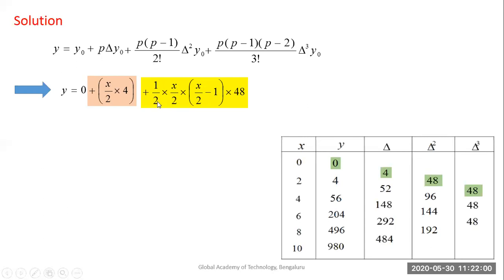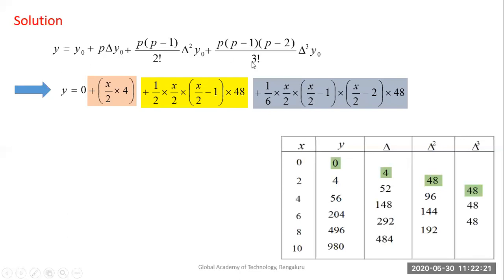Then 1 by 2 factorial is 1 by 2; p is x by 2, p minus 1 is x by 2 minus 1, into delta square y naught, which is 48. Similarly, 1 by 3 factorial is 1 by 6; p is x by 2, p minus 1 is x by 2 minus 1, p minus 2 is x by 2 minus 2, into delta cube, which is 48.